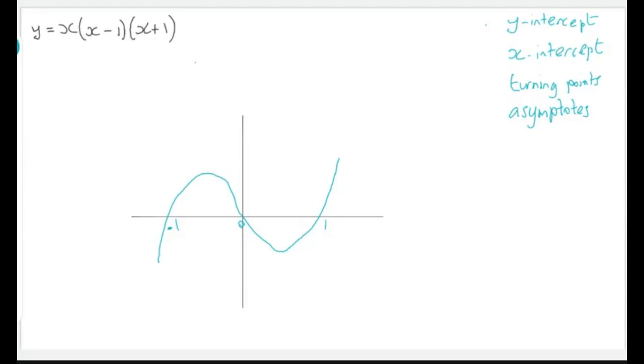So how are we going to differentiate this function? You have to expand it out first. Indeed. You can do that on paper, by the way. You don't have to do that on the Jamboard.